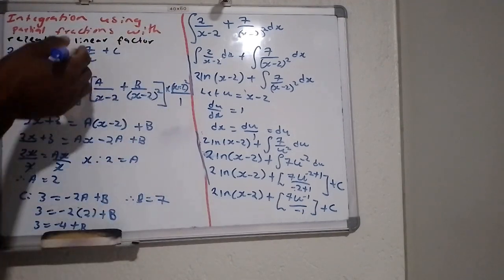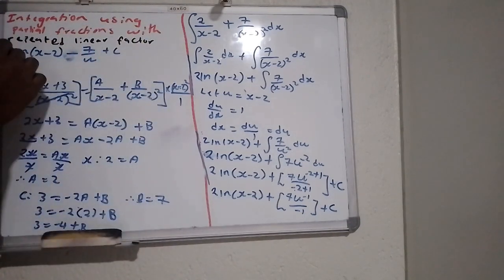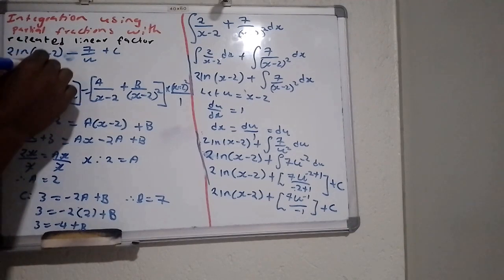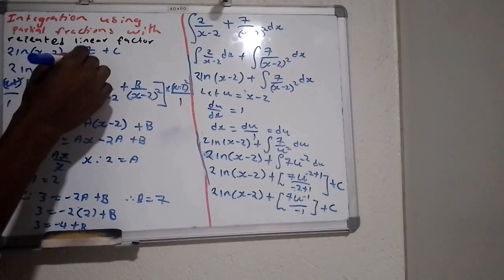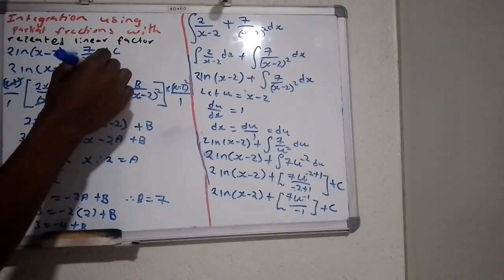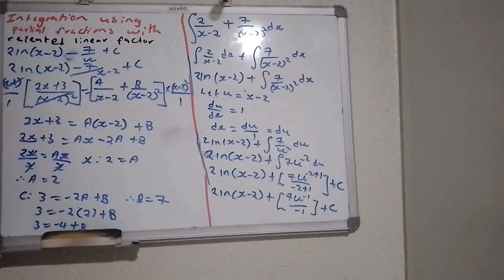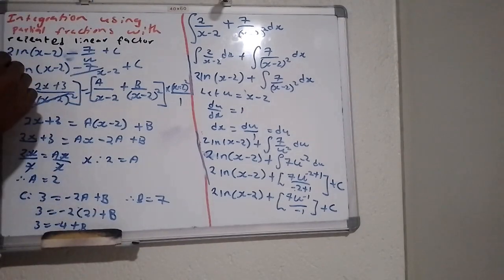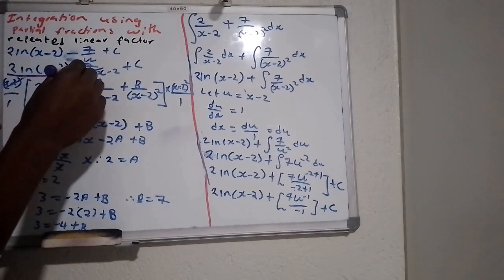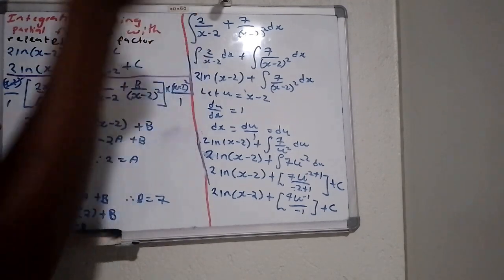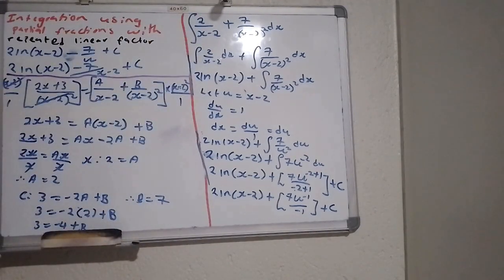But I know that u, so I'll have 2 ln of x minus 2 minus 7 over x minus 2 plus c. Let me underline this one. There's my solution.